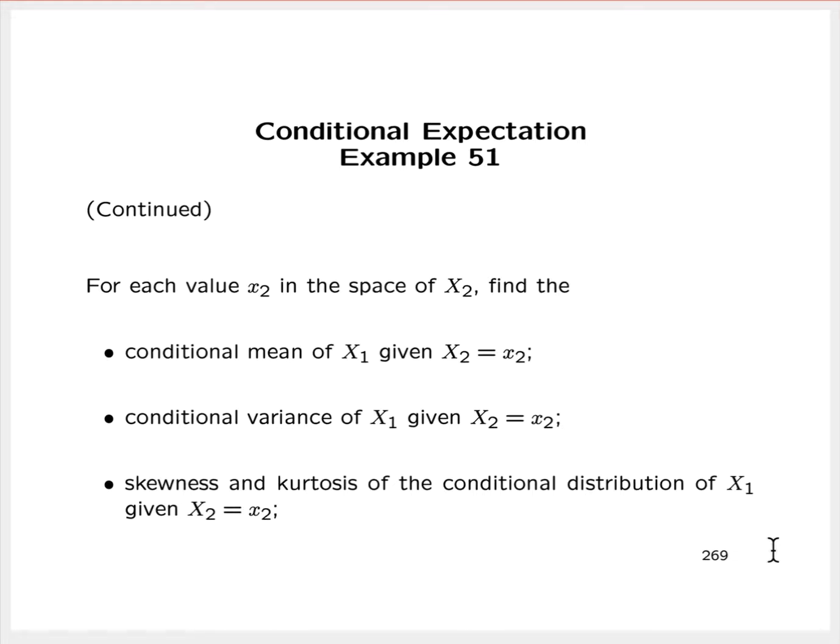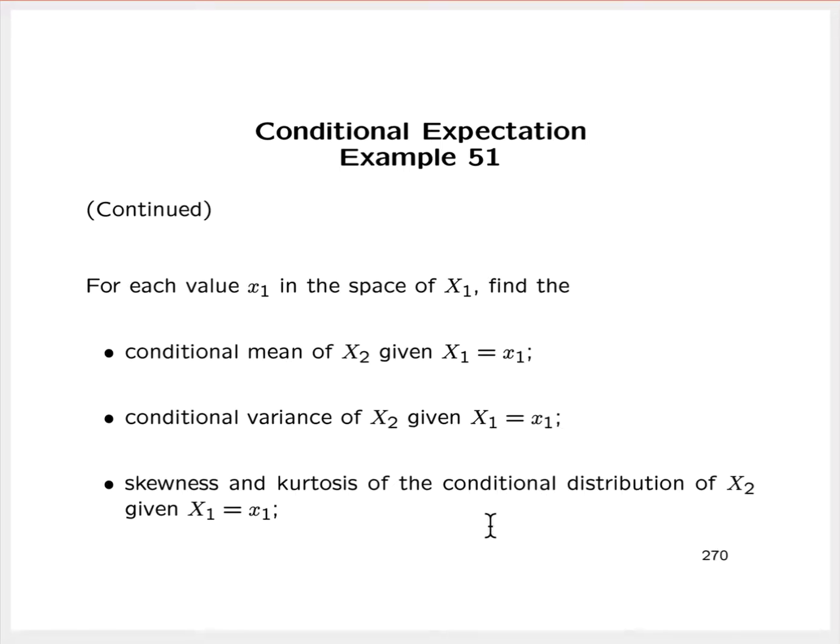And then continuing on, once we have found the conditional PMFs, for each value of x2 in the space of x2, we're going to find the conditional mean of x1 given x2. We're also supposed to find the conditional variance of x1 given x2, as well as the skewness and kurtosis of the conditional distributions of x1 given x2.